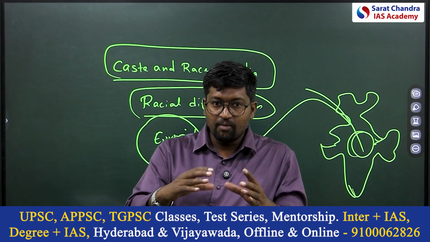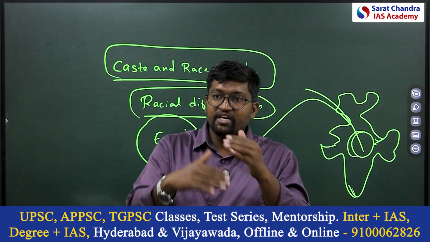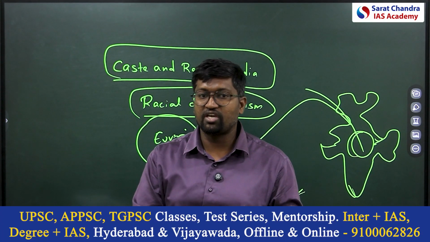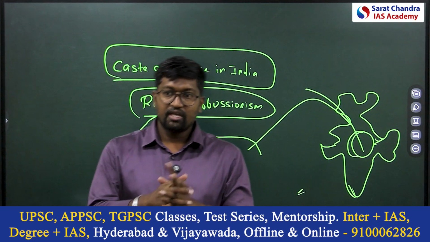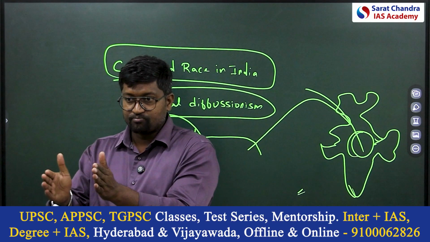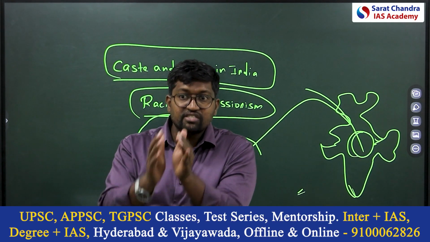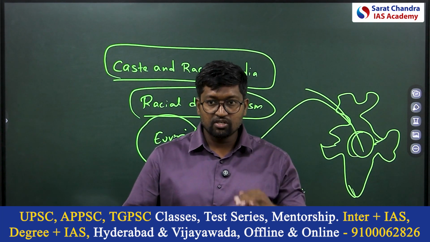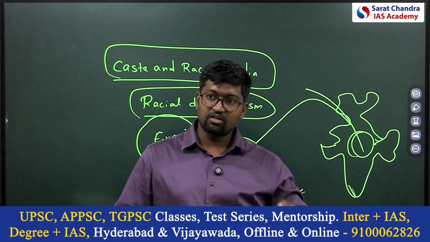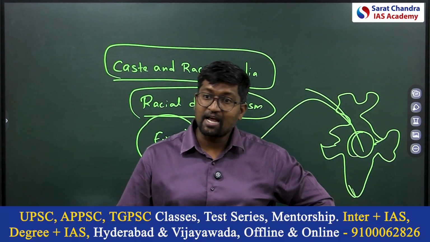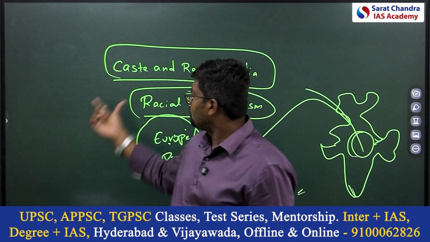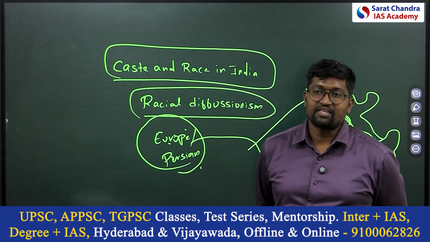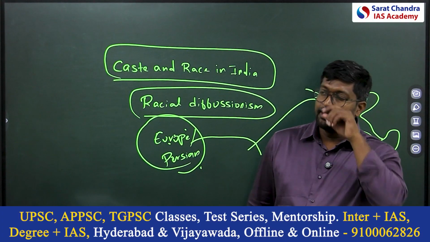In South India, the original inhabitants themselves developed this hierarchy. So he talked about diffusionism, but also about its limitations in explaining Indian society. He saw a different adaptation of the caste system in South India versus North India. You understand my point?